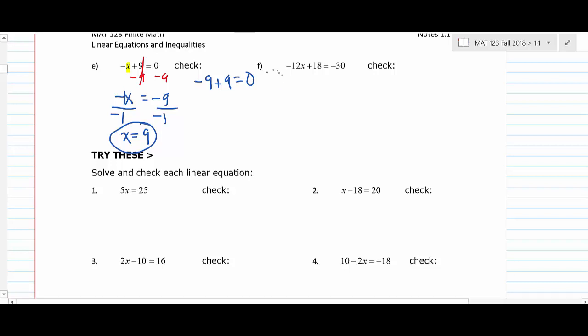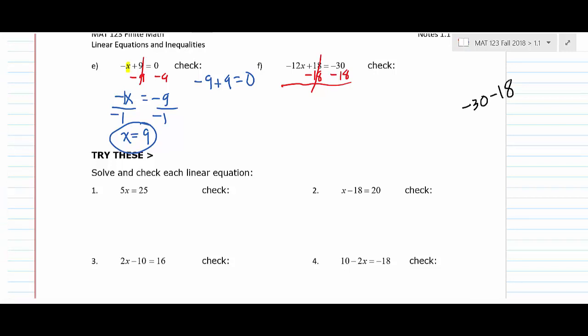All right, let's do one last one here, then I'll give you a little time to do some problems, and I'll walk around and see if you're doing okay. So this one, how do you start this one? Subtract 18. Some of you are going to get into background issues here. When you see -30 minus 18, now you can use calculators in this class, but to me this means 2 debts. -30 is a debt.